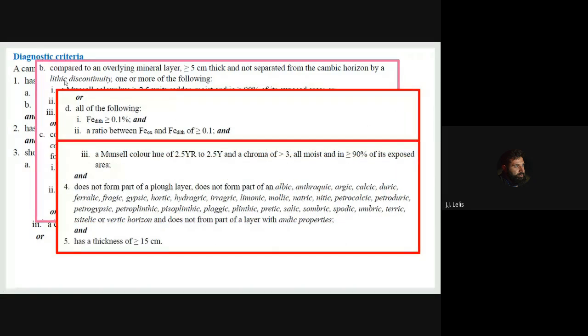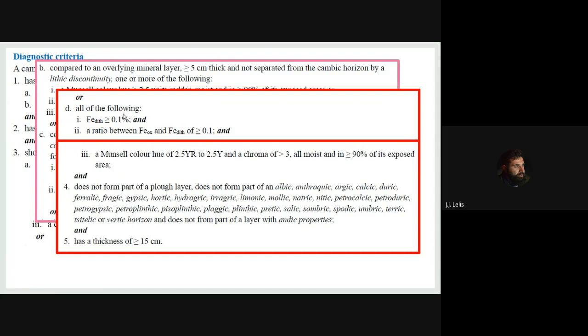Or it should possess a higher content of iron, even higher than 0.1%, and should present a ratio between iron related to poorly crystallized minerals and iron associated with well crystallized minerals that's equal or higher than 0.1.